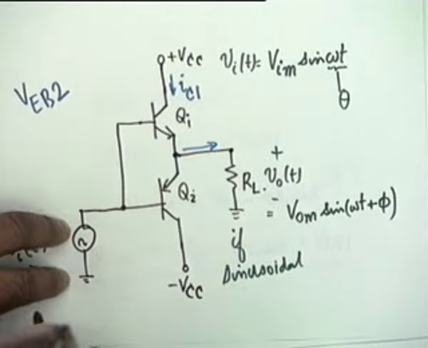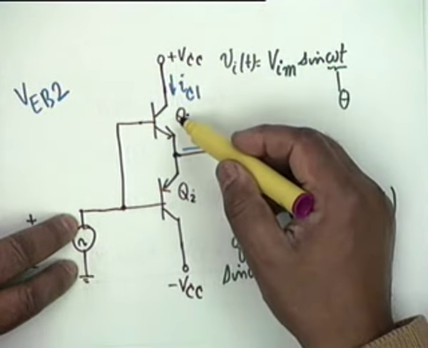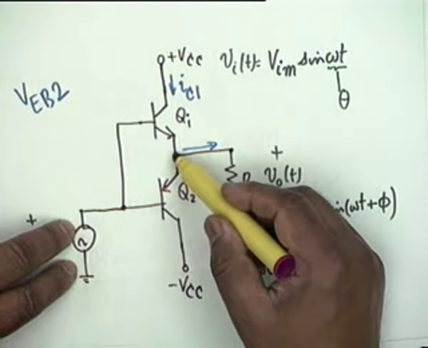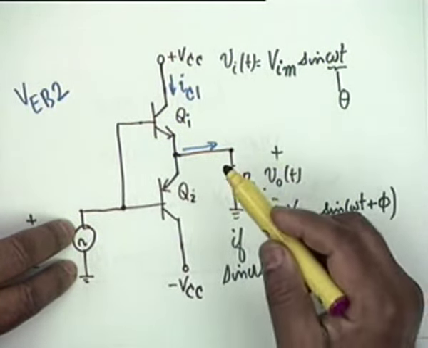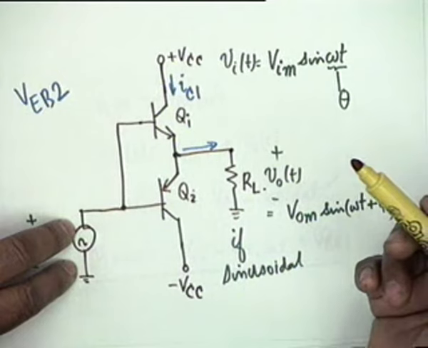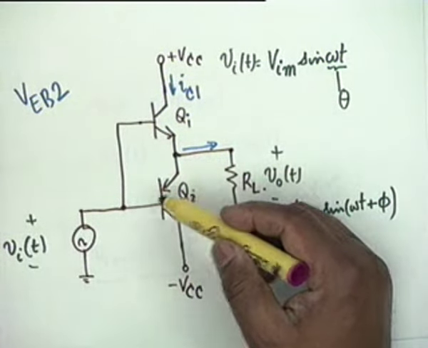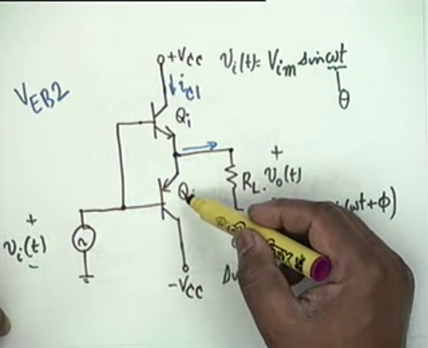If VI now becomes negative, if VI decreases to a negative value, then obviously Q1 cannot be on, Q1 shall be off, and when VEB2 exceeds VEB2 on, because we have taken it to be a positive value, when this exceeds 0.7, then Q2 conducts.